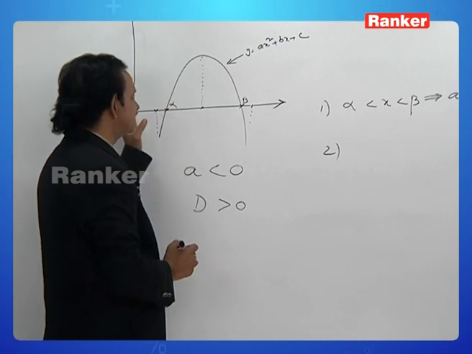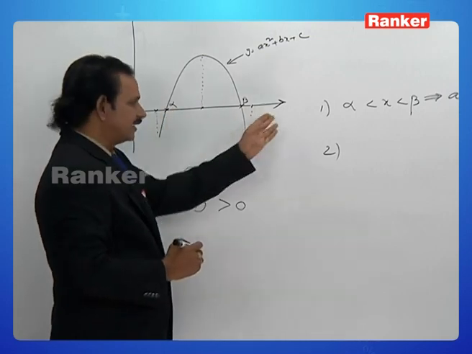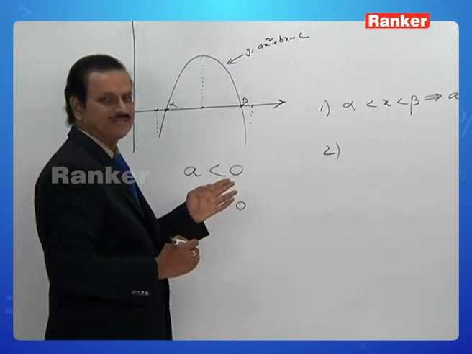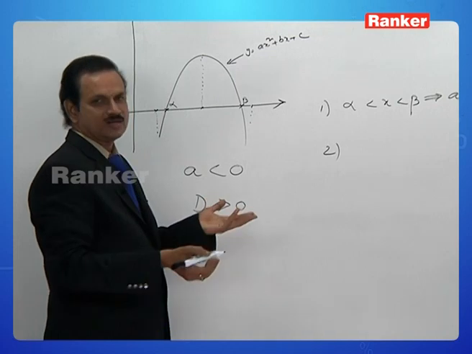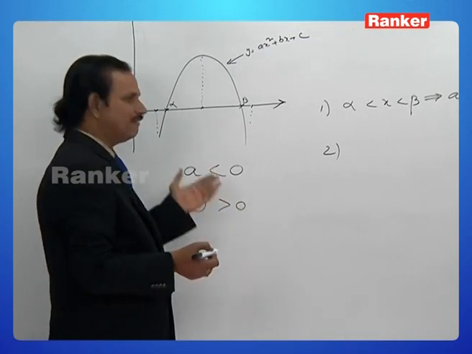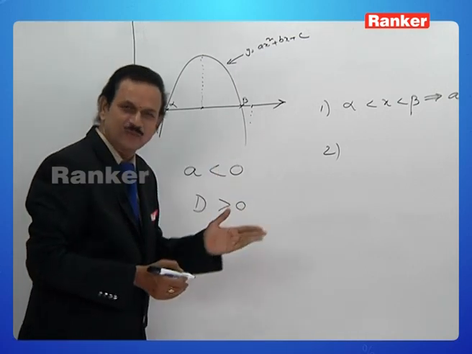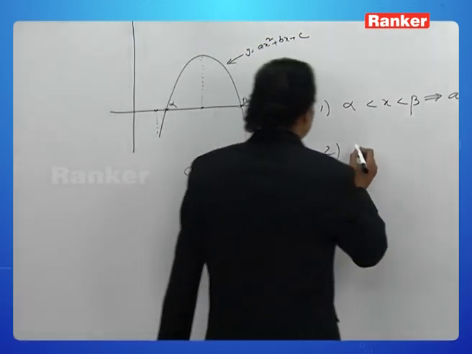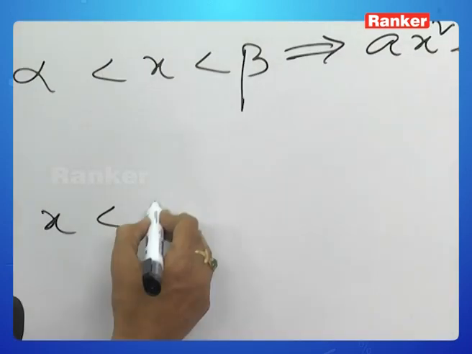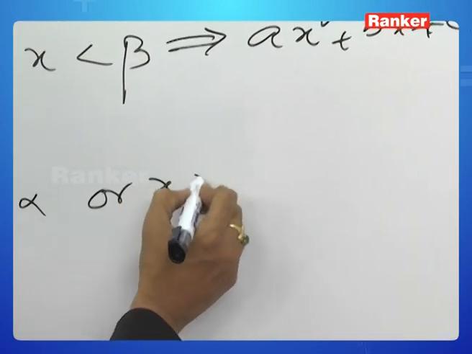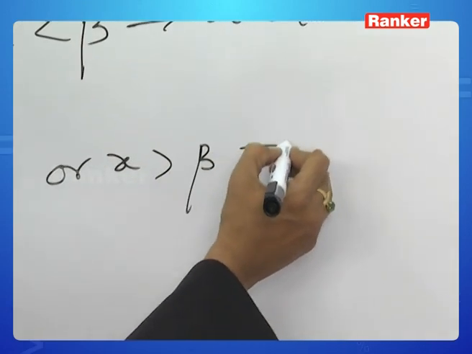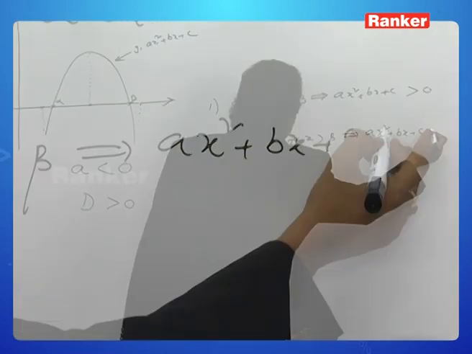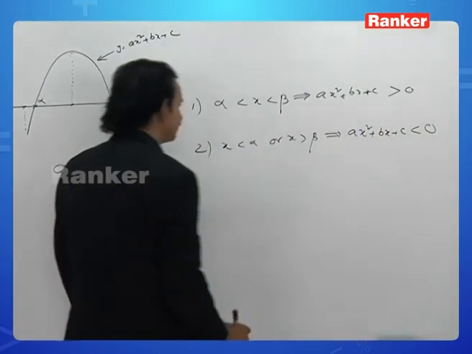Therefore, either x less than alpha or x greater than beta, in both these cases we have the graph below x-axis, that is, in the negative region. Therefore, ax square plus bx plus c is less than 0.